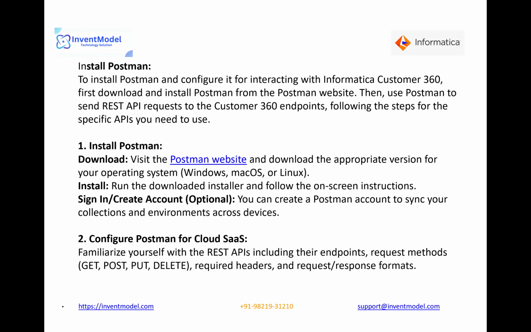Once the installation is done, we can open Postman and then sign in or create an account. Though it is optional, for our cloud we need to sign in so that we can do the configuration and syncing of our collections and environments across devices. The second step is how to configure Postman for a cloud SaaS.